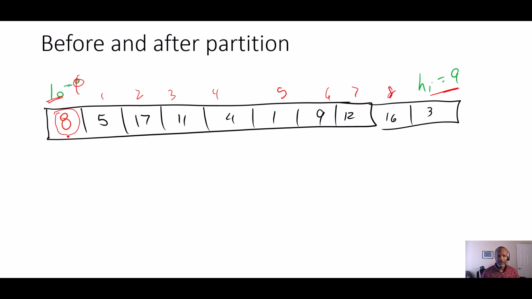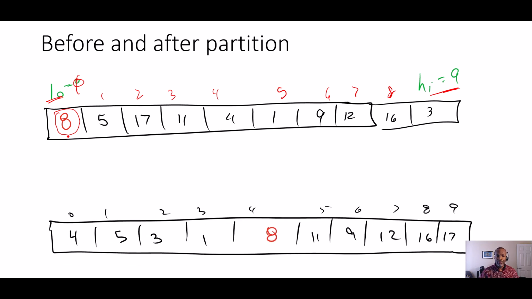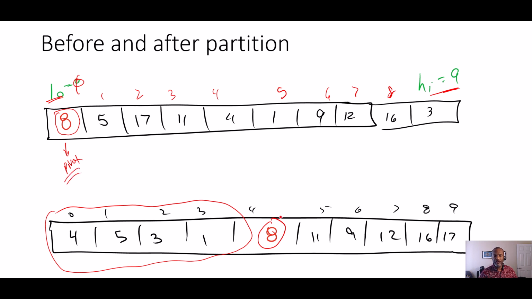That partition value will be placed such that once we're done with the partition algorithm, the values to the left of that value, what we're going to call a pivot point or a pivot value, are going to be smaller than the pivot. And then values to the right are going to be greater than the pivot.